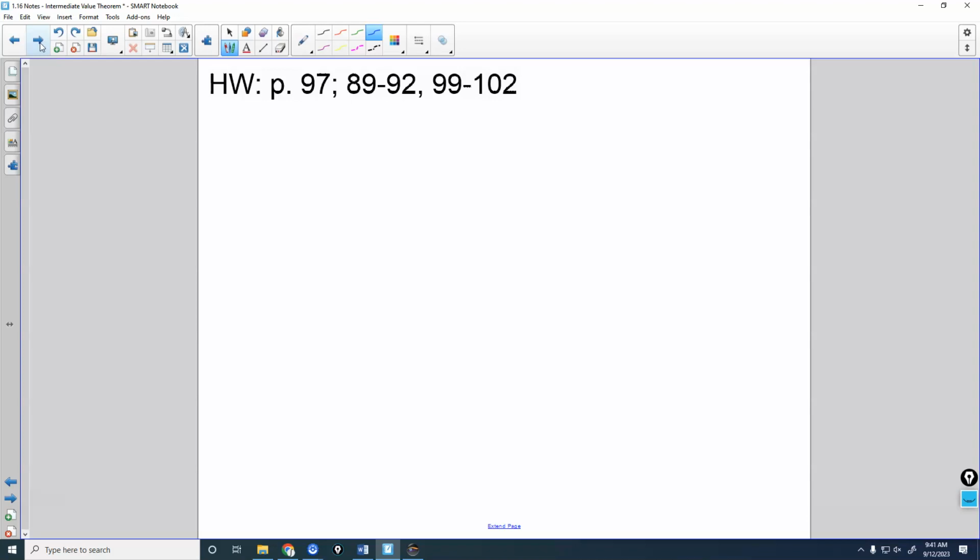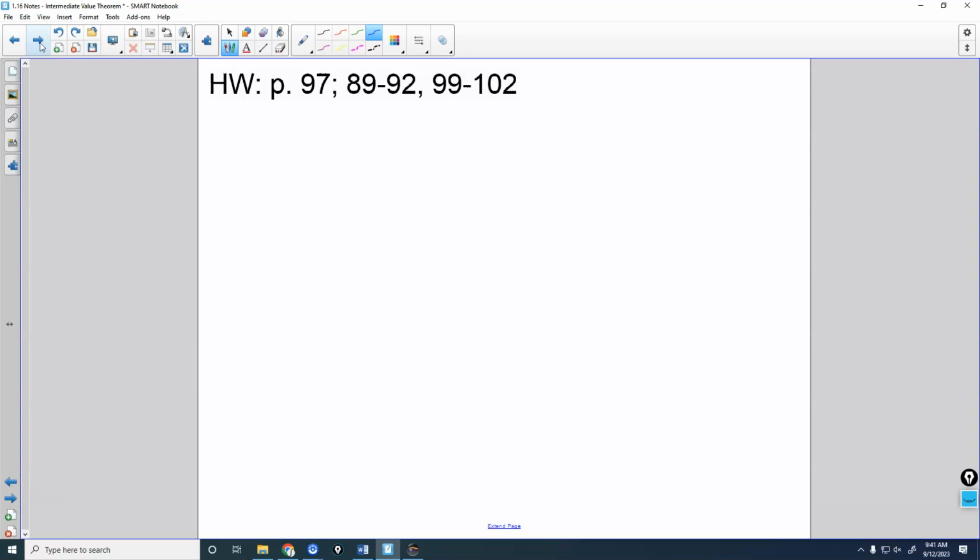It's actually 97 and 98. 89 through 92 are ones asking you to explain why there is a 0. So you're looking for like a negative and a positive. I'm okay with you guys using a calculator on this to find those values, because I don't want you to spend hours by doing all that by hand. Although they are ones you could do by hand.